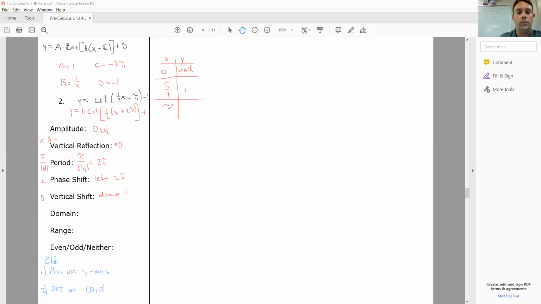Pi over 2 and 0. 3 pi over 4 and -1. And I almost put 2 pi there. Pi and undefined. And then the last time I'll have to write this for a while.